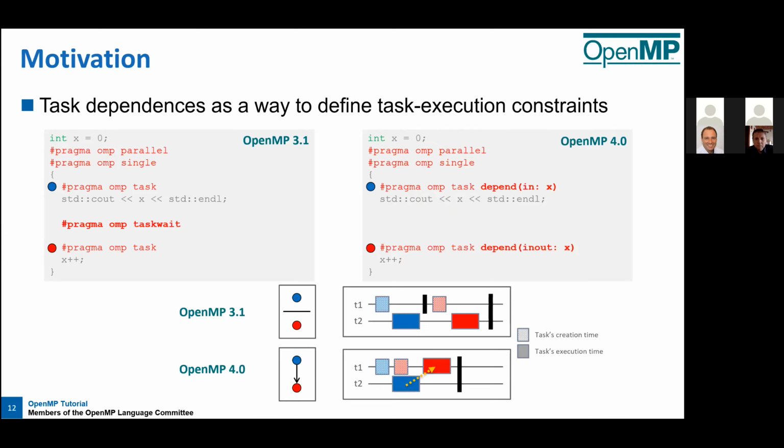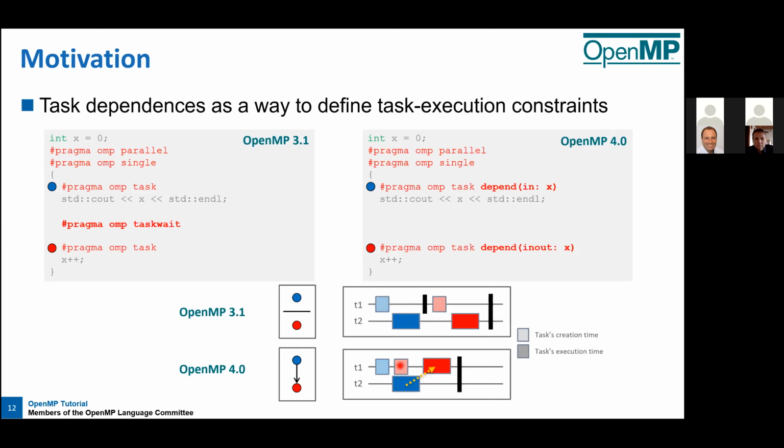Okay? And going deeper into execution, in the OpenMP 3.1 example, you first create the task and you have to execute it, because then there's a task barrier, and the second task can only be created if the first task has been created and executed, right?